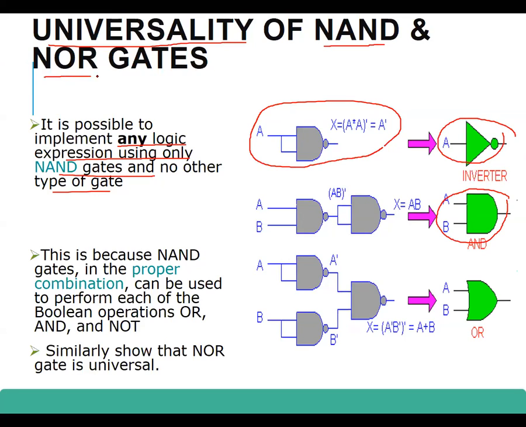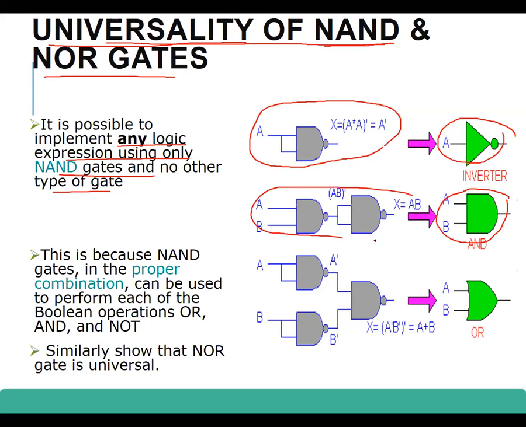NOR gates are also the same. First let's consider the universality of NAND gates. It means it's possible to implement any logic expression using only NAND gates, no other type of gate required. If you look at this side, you can see how all the three basic gates can be implemented.